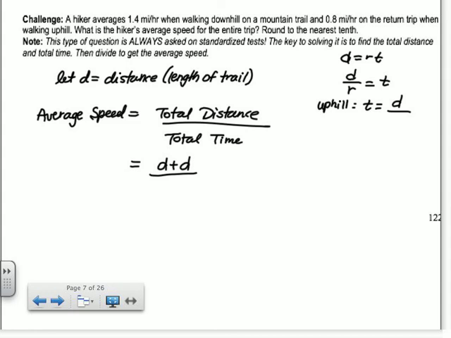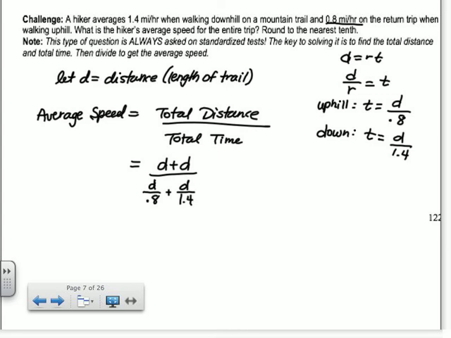So going uphill was 0.8 miles per hour. But then going downhill, your time was the distance divided by your rate, so 1.4. Okay, those are your two times. So your total time is just adding the two together. So it's going to be distance divided by 0.8 plus distance divided by 1.4.